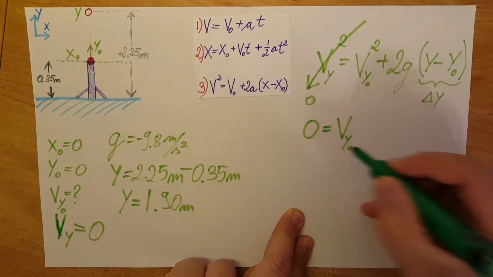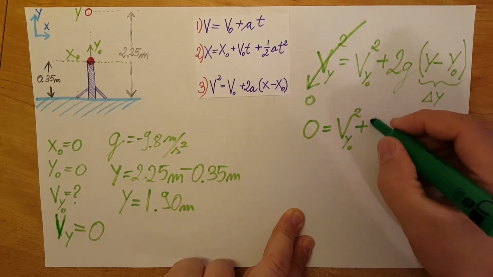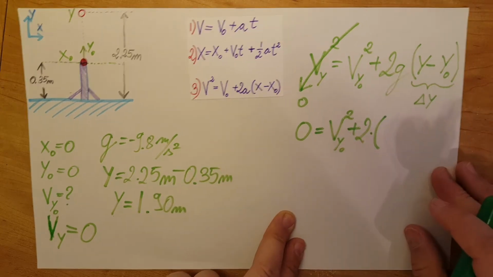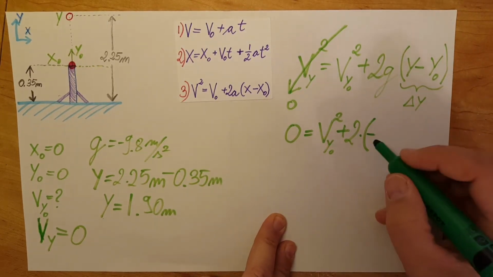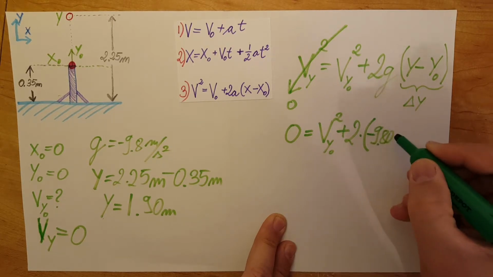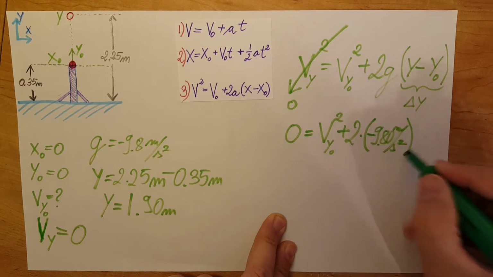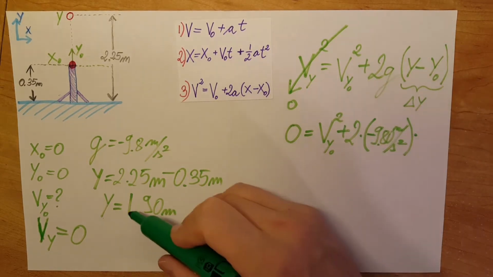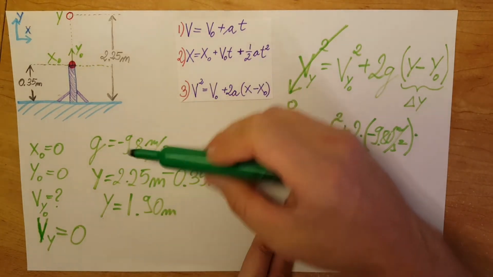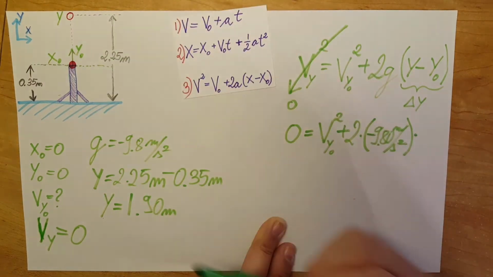So 0 equals v at y0 squared plus 2 times our g, which is negative 9.80 meters per second squared, times delta y, and this will be our delta y, the amount of distance that it moved up from y0 to y.